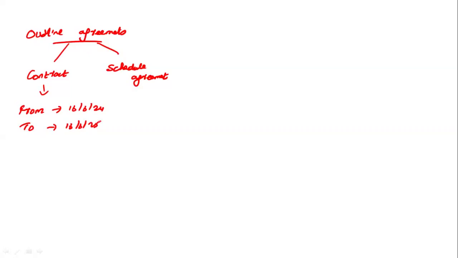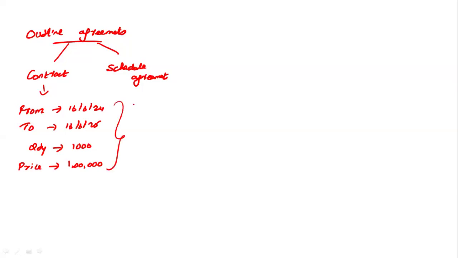From this period to this period, I am telling the supplier, I will purchase this much quantity from you. Or I will purchase with the value of 1 lakh. In contract also, you have two types of contract.